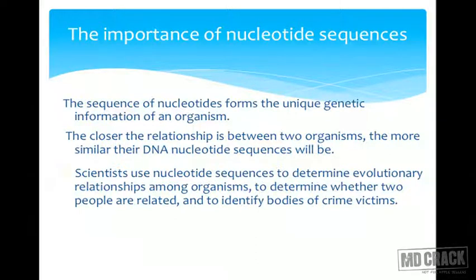Because they are related, we are able to know the nucleotide sequence. If there is a particular pattern, then they are related. We are talking about paternity disputes here, or identifying bodies of crime victims. We'll talk more about these applications of molecular biology, but everywhere it is the nucleotide sequence that is important. It is the sequence which is used for all these purposes.